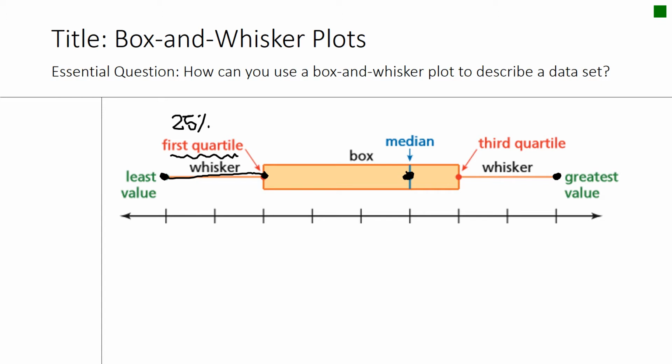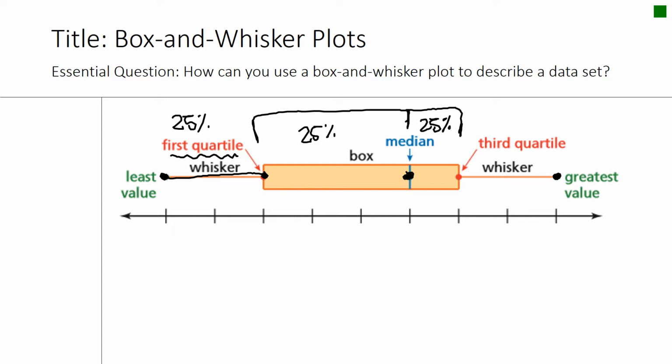Another 25% of our data lives in between those points, and in between our middle number and the next point is another 25%, so we're at 75% of the data. We know where it lies.